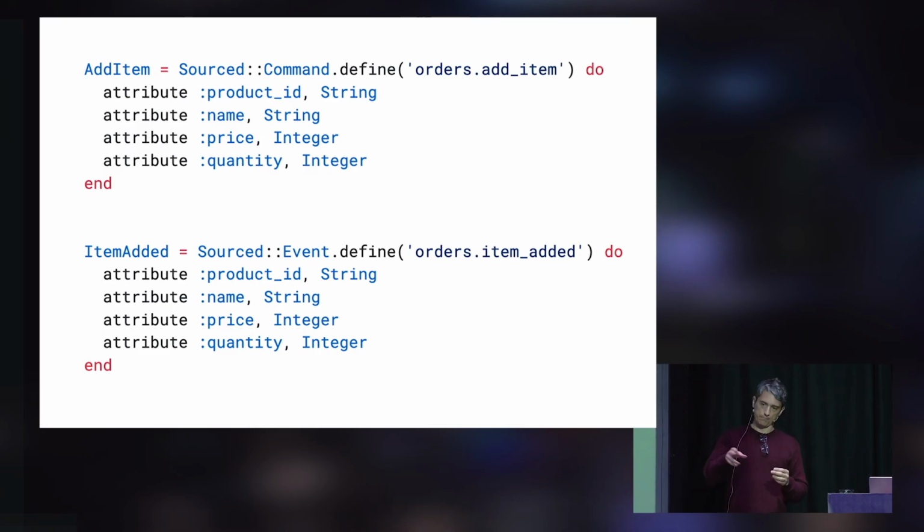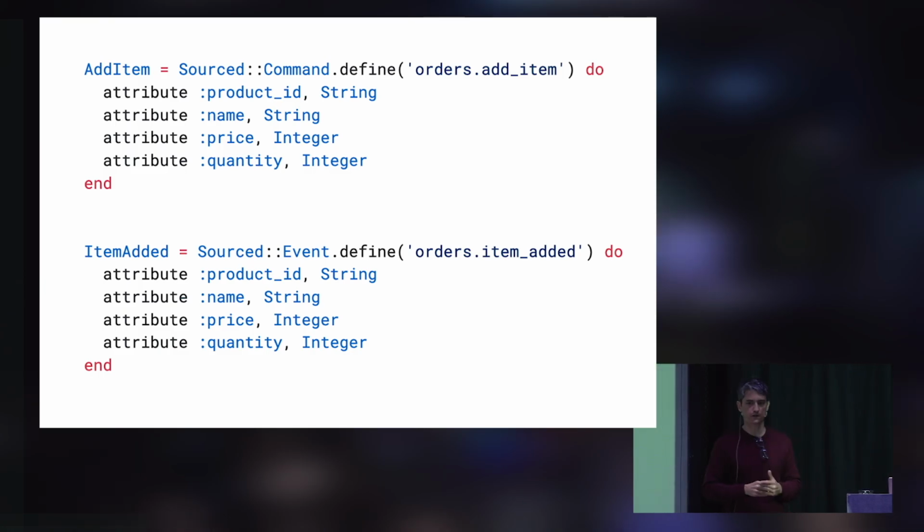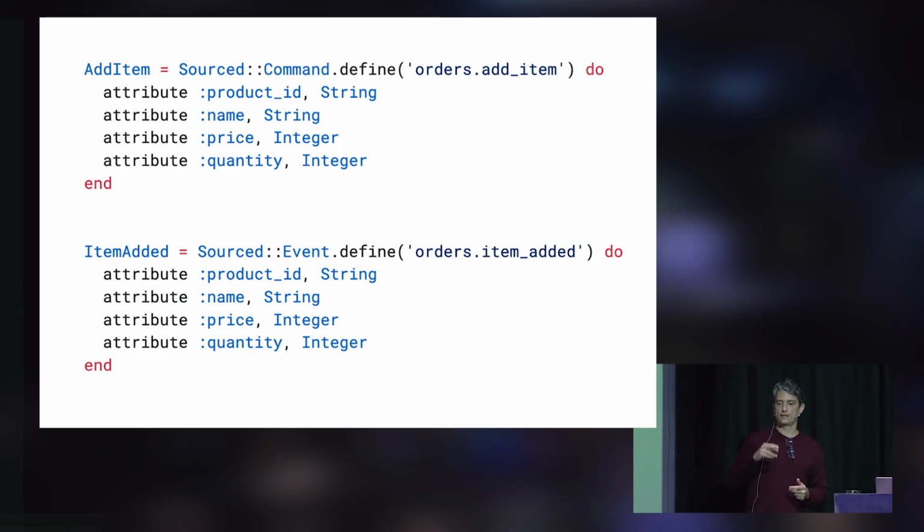I'm using my own library for attribute validations and coercions, but you can think of these as just structs. The first one is the add item command, and it has attributes. And then the second one is the event, item added, kind of the mirror image of it. And in this case, they both look the same.